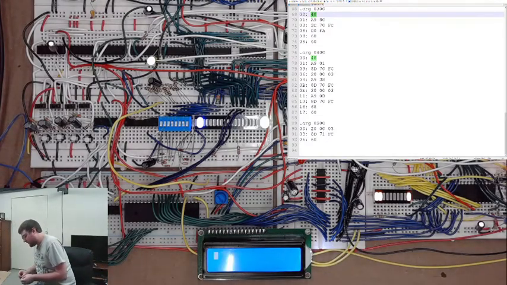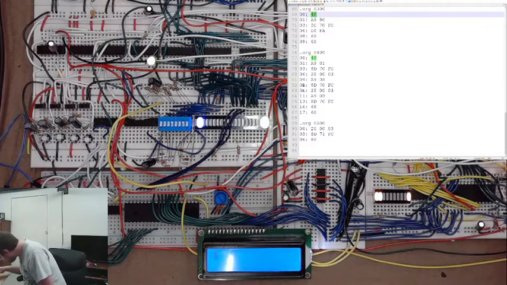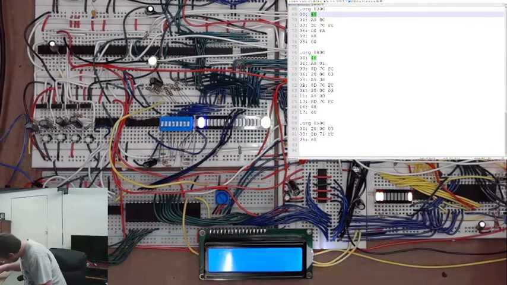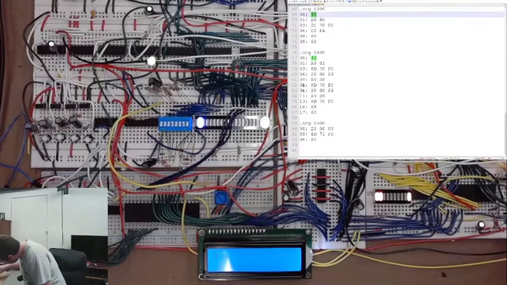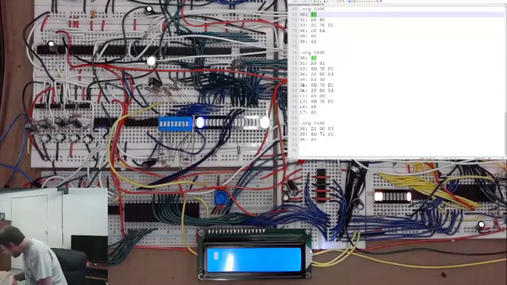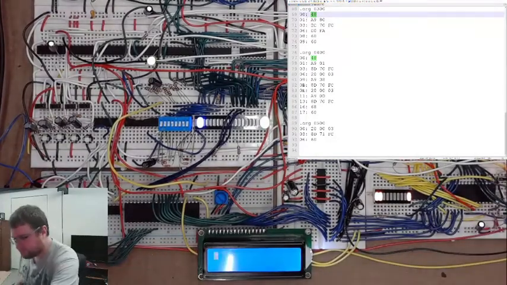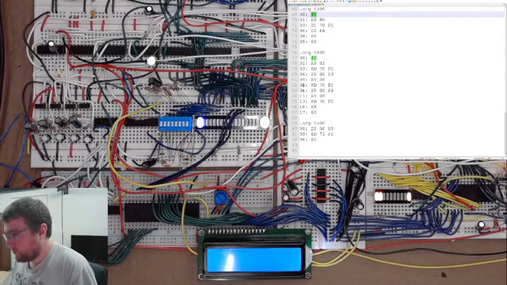Okay, do I have one down here? I do not have one down here. Let's check one down here. One of these chips. This will hopefully just clear up all the problems.